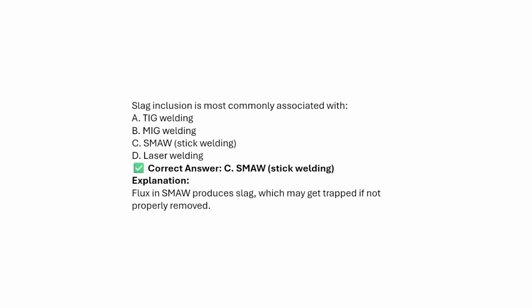In case of MIG, we can use CO2 gas or argon gas or other gases. In laser welding also it is a gas only. But in SMAW, shielded metal arc welding, the electrode contains a flux coating that will form slag on the weld bead. So in this case only we will see the formation of slag. So the answer will be SMAW. Flux in the SMAW process produces slag which may get trapped if not removed properly.